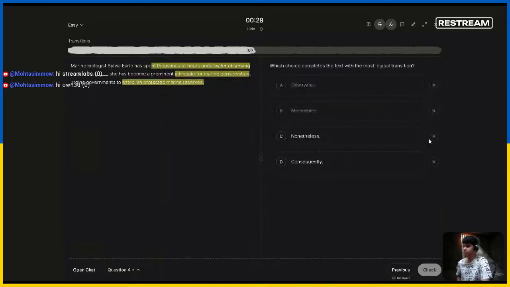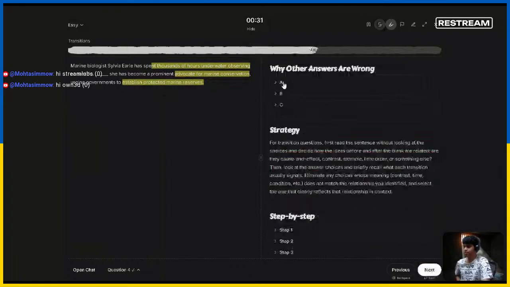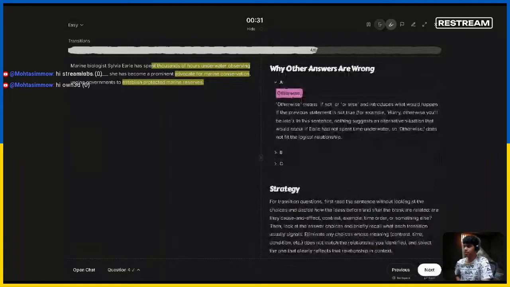Not meanwhile, not otherwise. Otherwise means if not, or else, and introduces what would happen if the previous statement is not true. For example, hurry, otherwise you will be late.